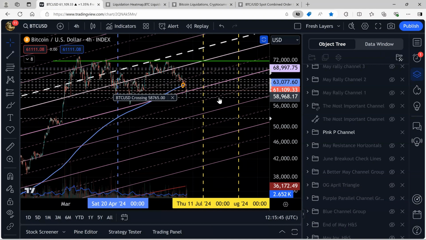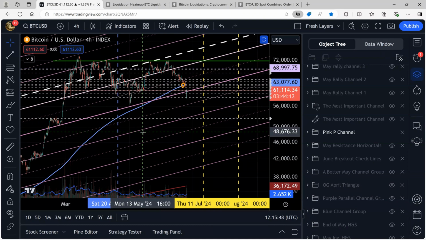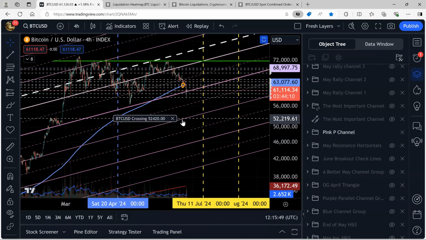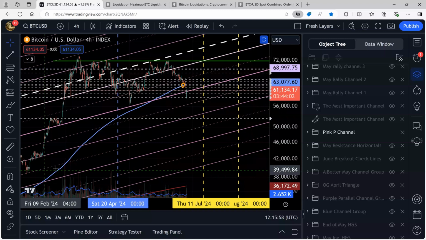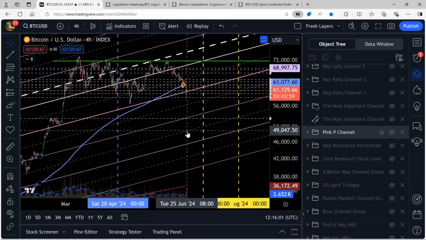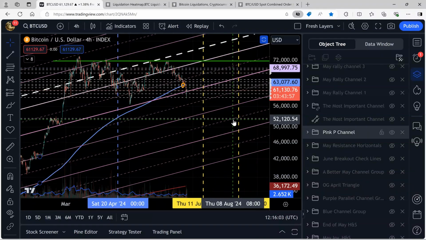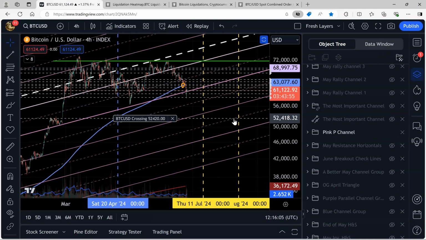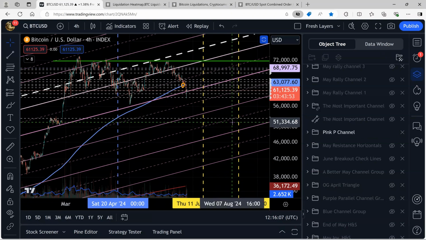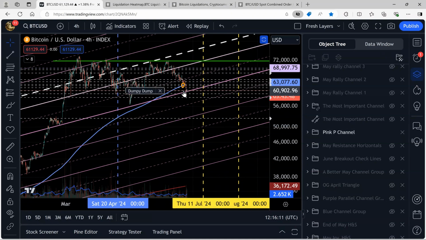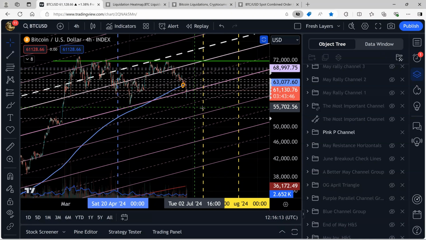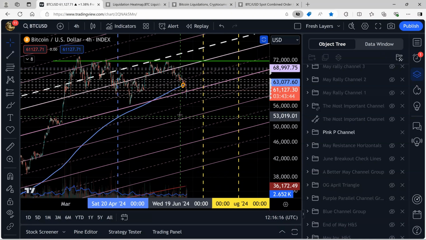So if we dump down, if this pink line acts as diagonal support anytime after today, then we should not hit 52,000. Alternatively, we do have the center line below that channel, so we could dump down all the way out here, all the way up until August, anytime through the month of July.